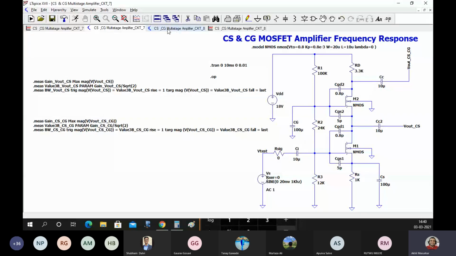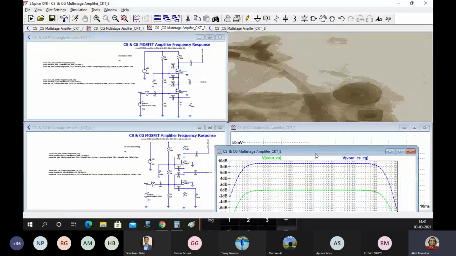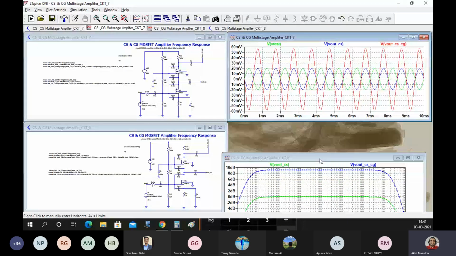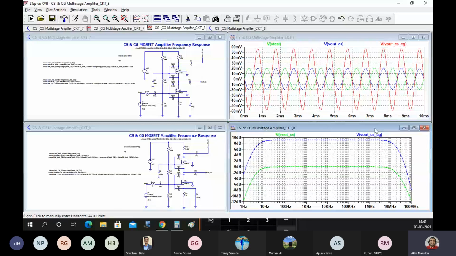So this is the output of the first circuit and the second circuit. Here you get an actual feeling of the sinusoidal wave, and from here you can find out the frequency response, the bandwidths and everything. So like this, you will post outputs in your chat box.